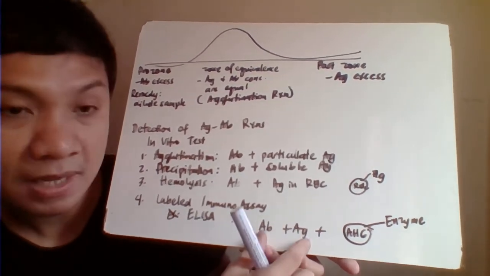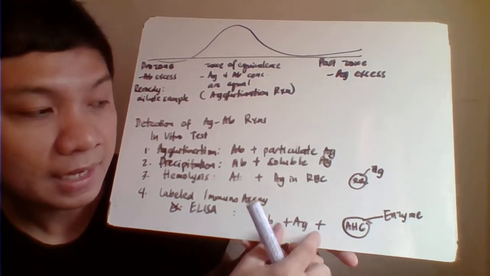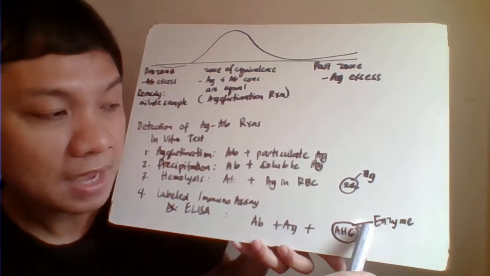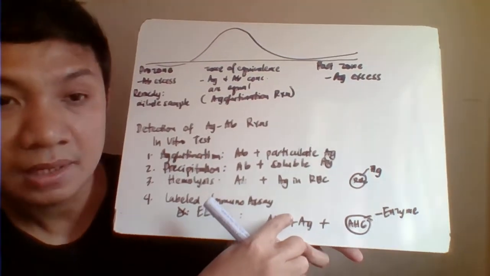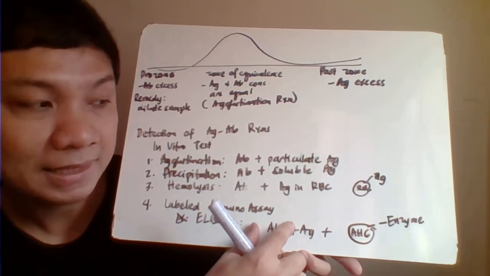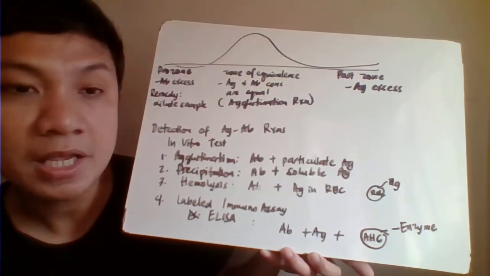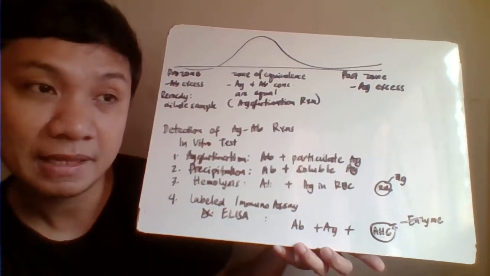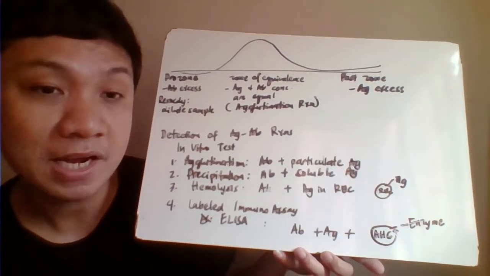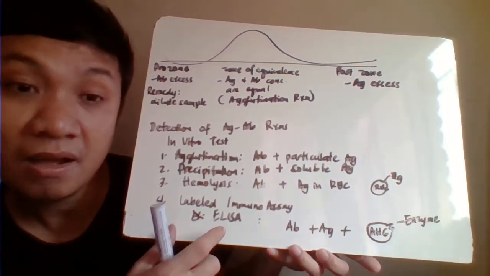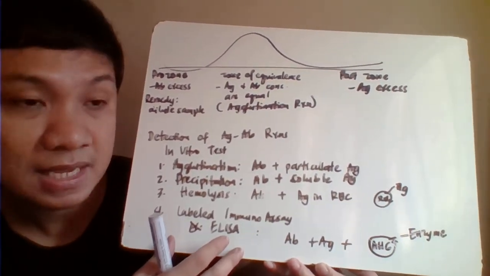Mag-form ka ng antigen-antibody complex. Pag nag-add ka ng panibagong reagent, which is anti-human globulin labeled with the enzyme, magbabind siya dito sa antigen-antibody complex na na-form mo because your sample has antibody. And what you're going to measure here would be the activity of this enzyme. Depending on kung ano ba siya, competitive or non-competitive na immunoassay. So, that can also detect your antigen-antibody reaction.